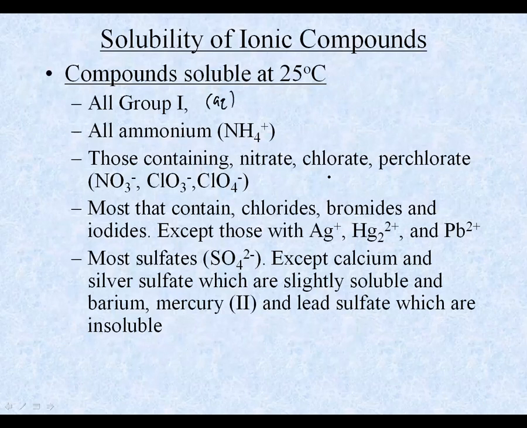Same thing when you see ammonium. Anything that has ammonium in it will definitely be soluble all the time, and it will be aqueous. Things that contain nitrate, chlorate, and perchlorate are also soluble, so those guys would get the aqueous symbol.